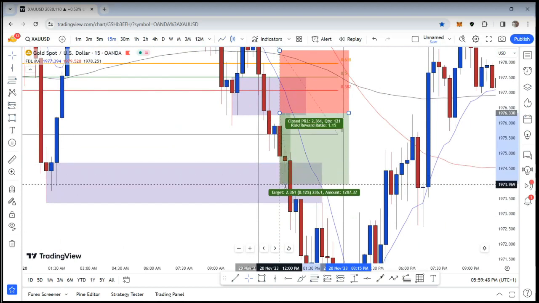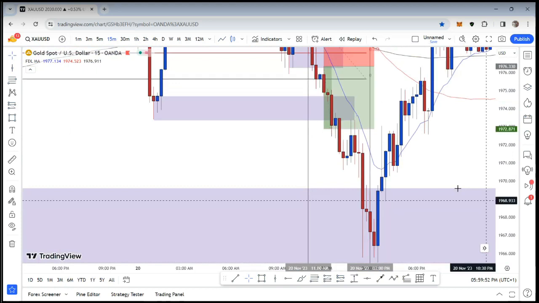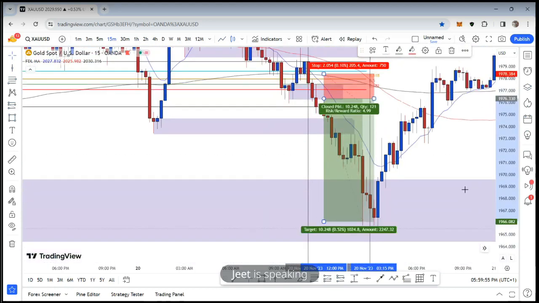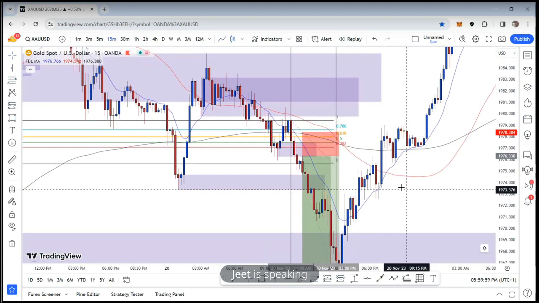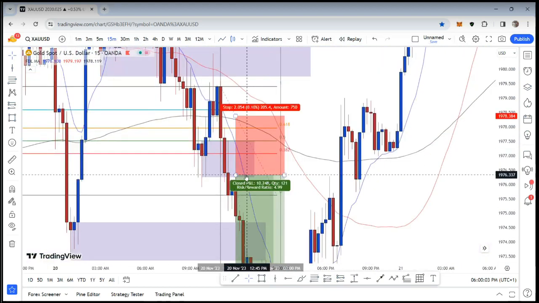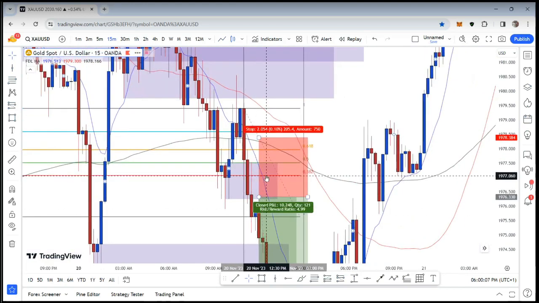And after it broke, you can see that price eventually went down ASAP. Yes. Because my blue moving average is now above, I was expecting price to come down to this level.